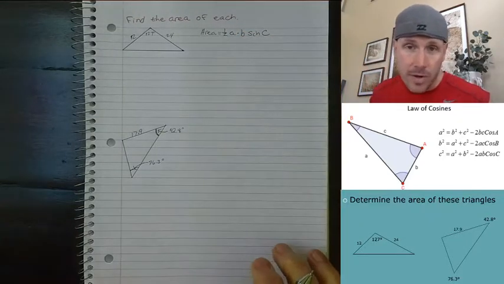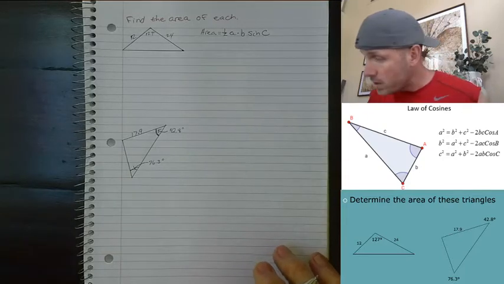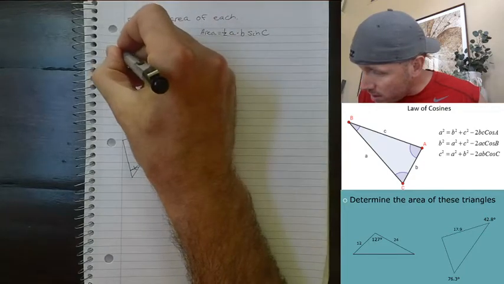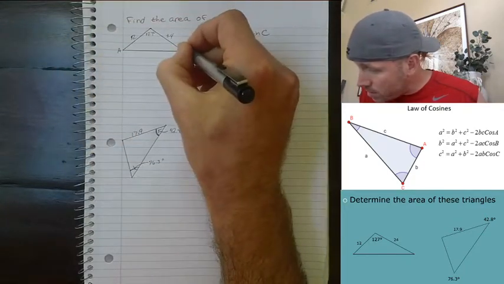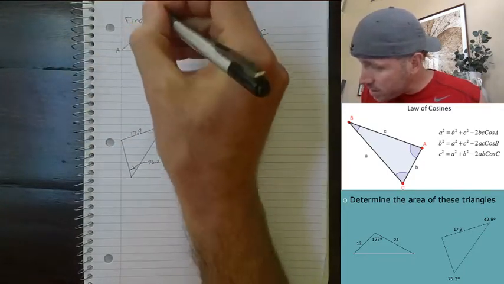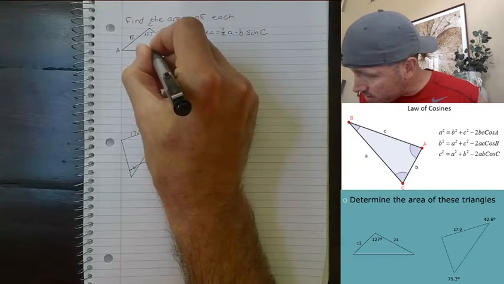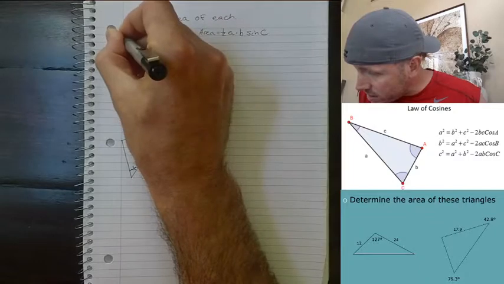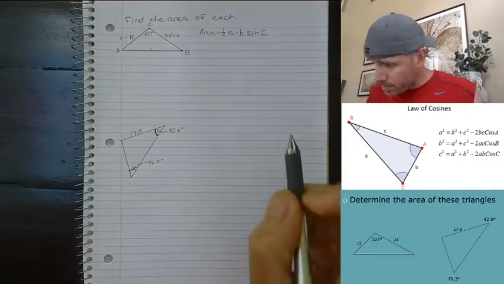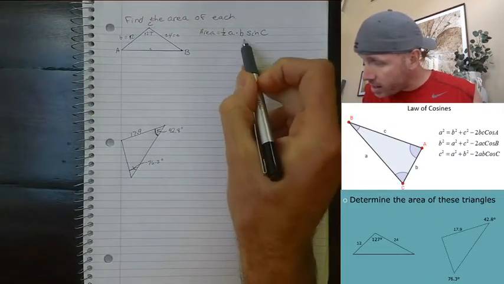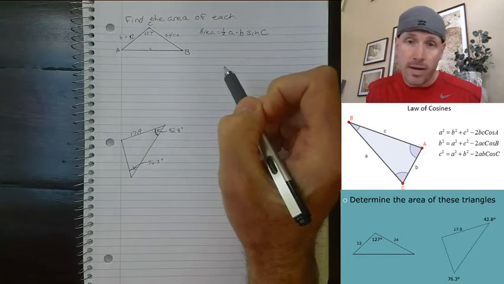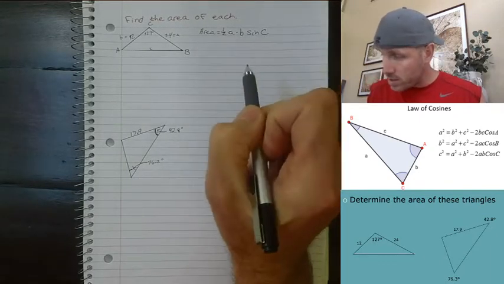Alright, now our triangle is not labeled, so let's label it and see what we've got. If we take this and call it A, B, and C, that makes this side C, this side A, and this side B. We have side A, side B, and angle C. So we can go ahead and just use this equation.